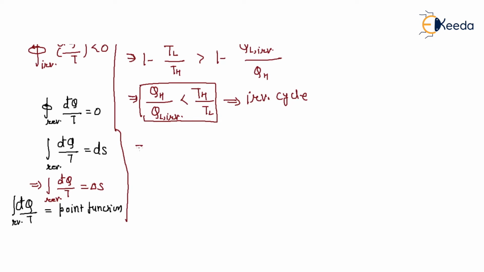So here QH by TH minus QL irreversible by TL is less than 0. If we integrate that, the cyclic integral dQ by T for irreversible is less than 0.